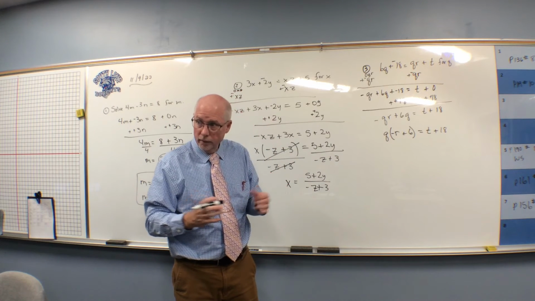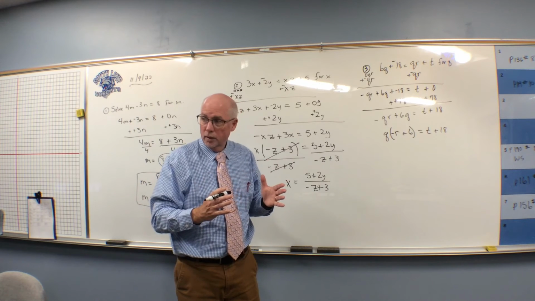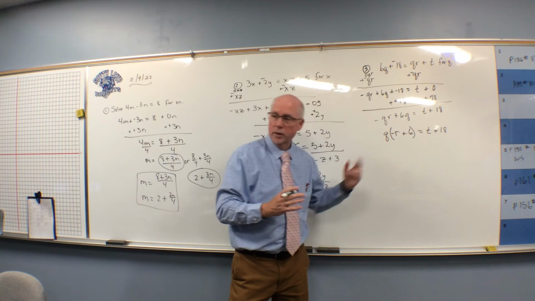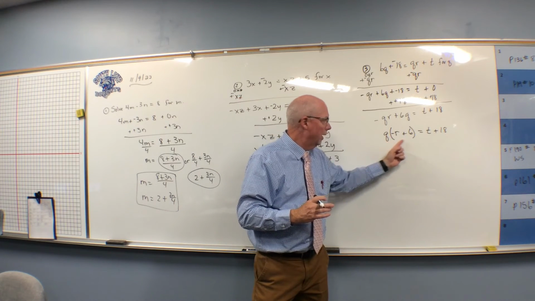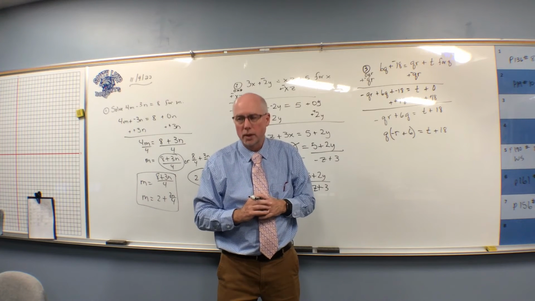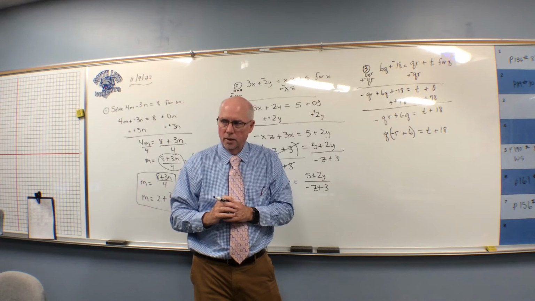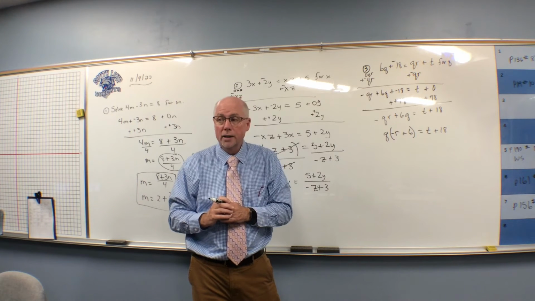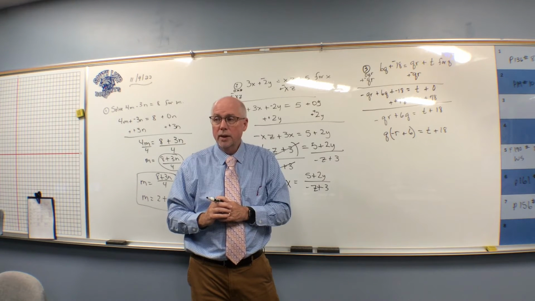Parentheses what? Negative r plus 6. All right. And what operation is going on between those two? Multiplication. What operation do I use to undo it? Division. And what do I divide by? I want q by itself. So what do I divide by?